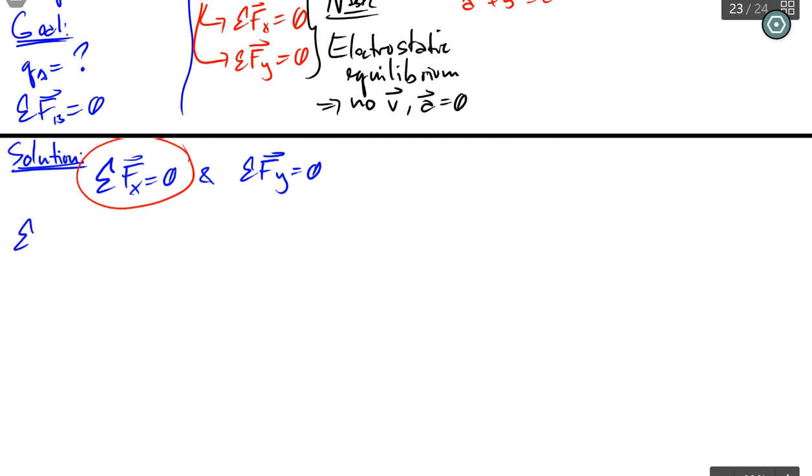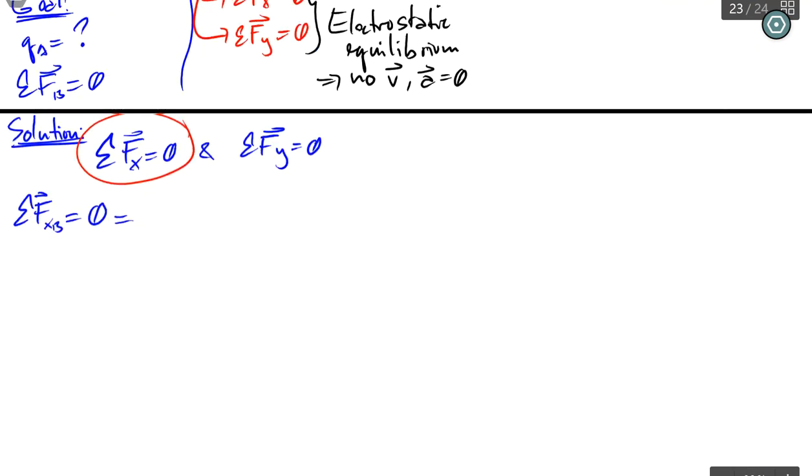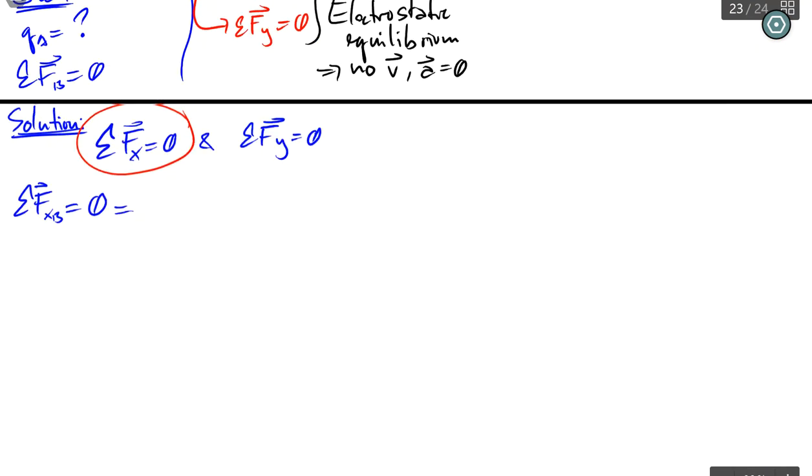And so the sum of all the forces on x on B are equal to 0. And as you can see here, there's only two. It's that x component, that cosine 45, and FAB, which is actually pointing in the negative direction. Okay? So I'm going to start with the negative FAB.